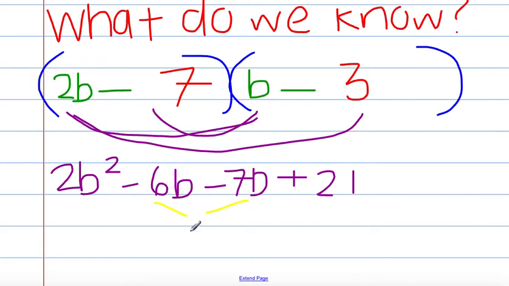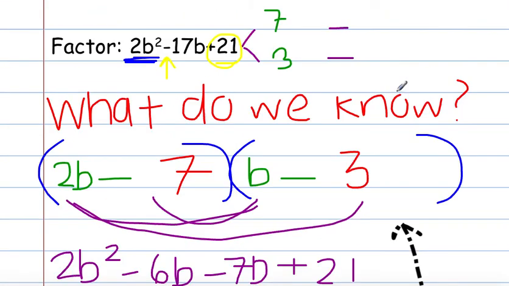A negative 6 and a negative 7 is going to give us a negative 13b plus 21. And then we have our 2b squared out front still. So as you can see, this does not equal our original equation up here. So this does not give us our original equation.